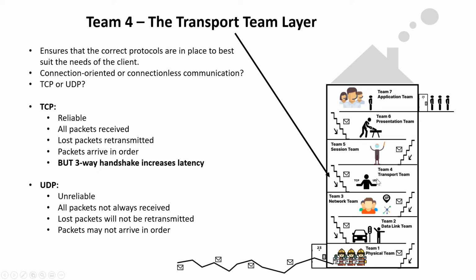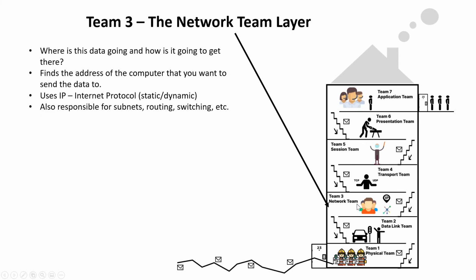So once that team has decided on the protocol, the data will be sent to the network team. The network team is basically responsible for where this data is going and how it is going to get there. So on this layer, this team is responsible for the internet protocol. The internet protocol is basically every single device on the network having a unique address. Static, if for example you're a server, you don't want the address to change, but dynamic, often, if you're a client, because the addresses can change, it doesn't really affect anything.